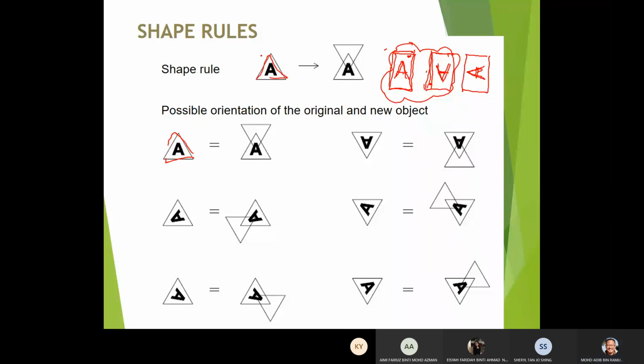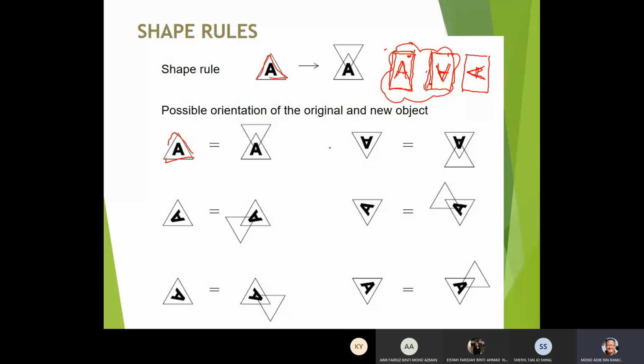Okay, so once you have applied the rules, now you have an additional triangle upside down like this. And here, also upside down, but the position is here. And this position is here. Now, as I mentioned, you can apply the rule again and again to all the matching shapes. So now instead of only one triangle, you have two triangles. You can also apply the rules to the newly created triangle.